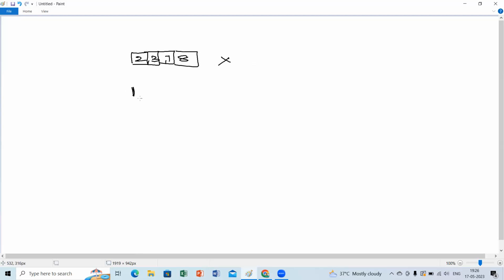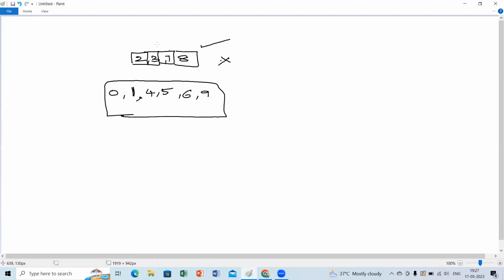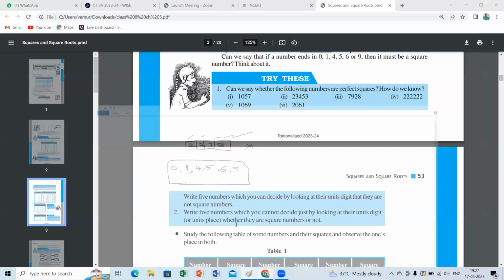What are the numbers that occur in the units place? 0, 1, 4, 5, 6, 9. Only these numbers occur in the units place of square numbers. If a number ends with 2, 3, 7, 8, then we can say the given number is a non-perfect square number, by looking only.